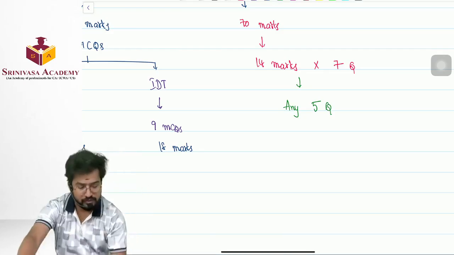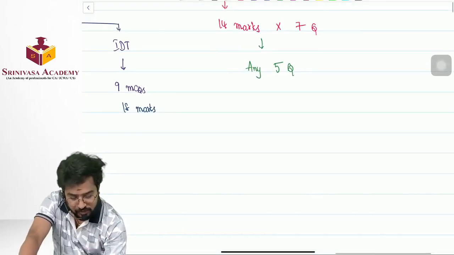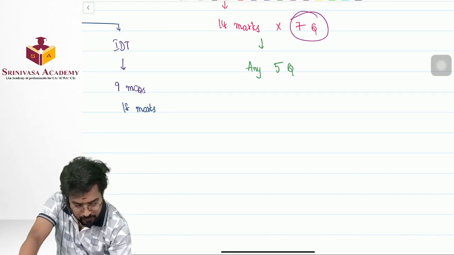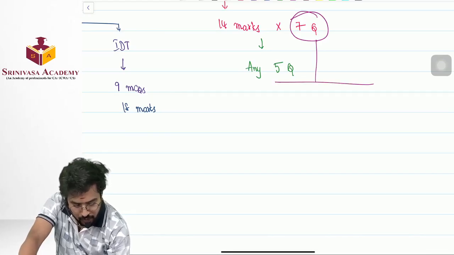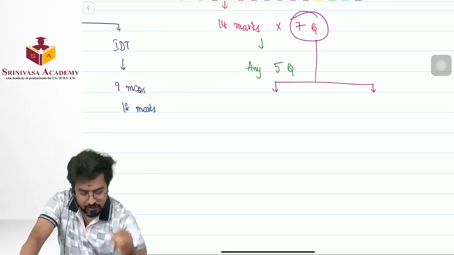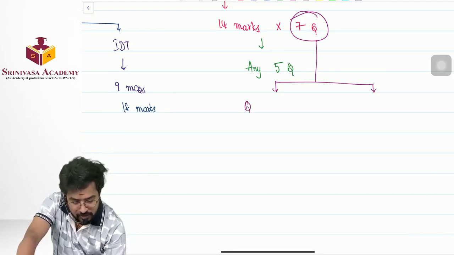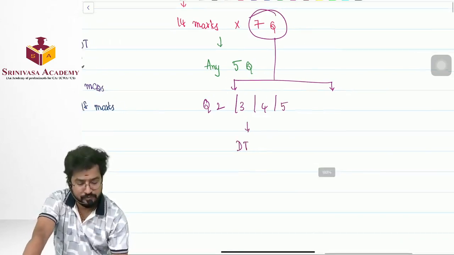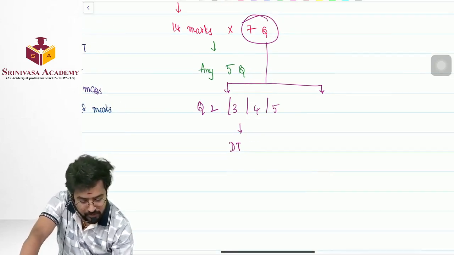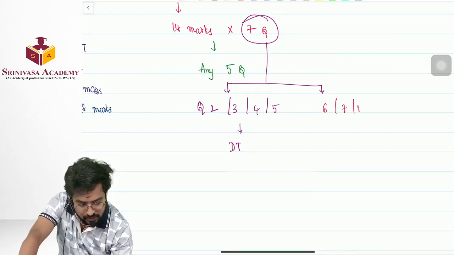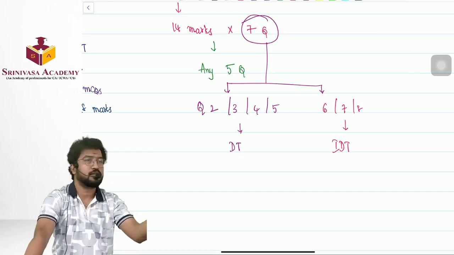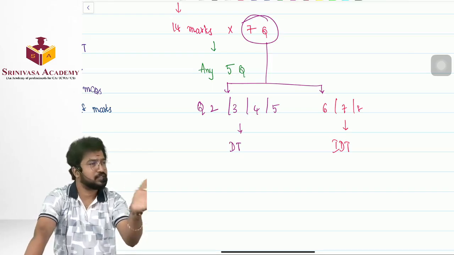Now out of these 7 questions, question numbers 2, 3, 4, 5 are from direct tax, and question numbers 6, 7, 8 are from indirect tax.